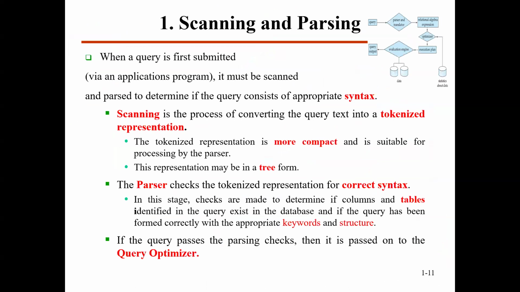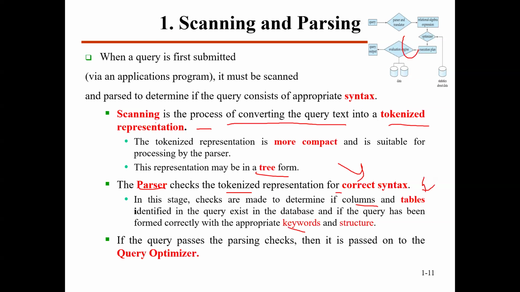Okay, let's move further. Talking more about scanning and parsing, this is the first step in your query cost estimation. In scanning, the query text is converted into a tokenized representation, which can be represented in a tree form. The parser will check whether the tokens are written using correct syntax or not, and then it will bring out the columns of the tables that are required inside the query.